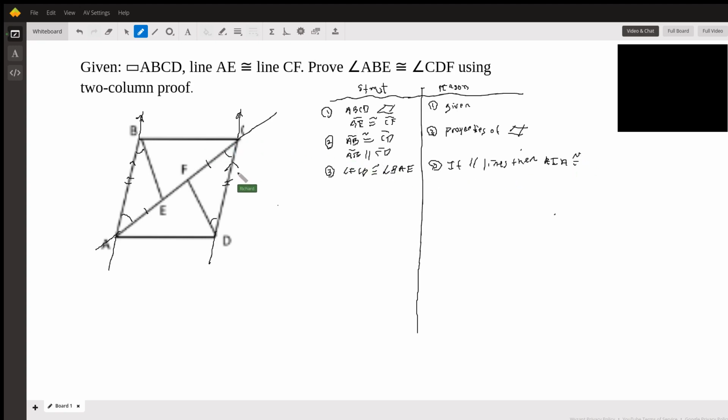So now we have a side, an angle, and a side. You see, side, angle, side on this right-hand triangle, and let's see, side, angle, side down here.